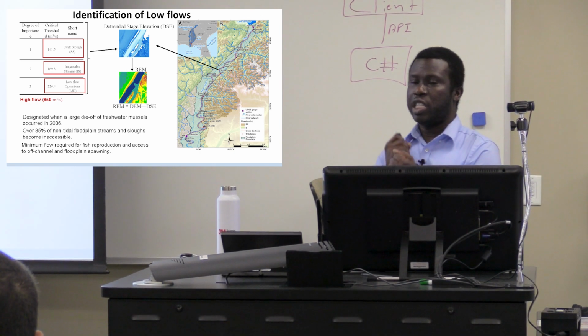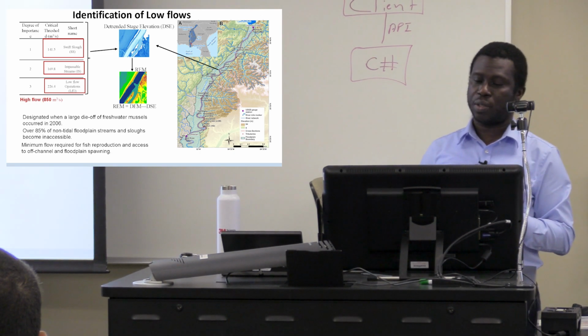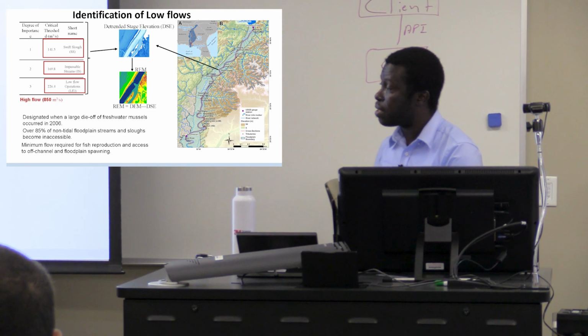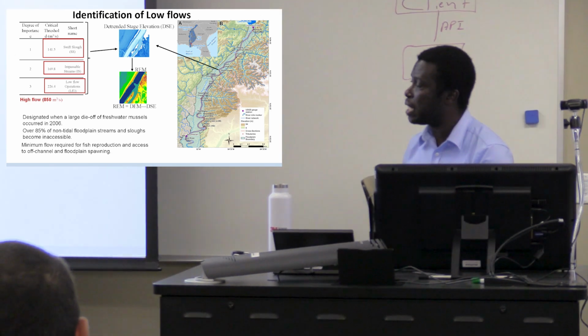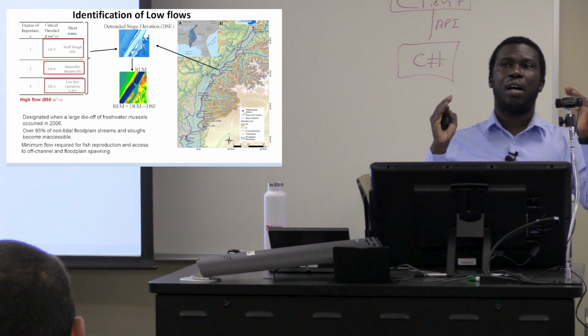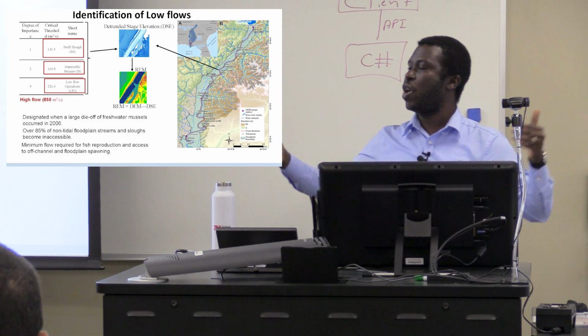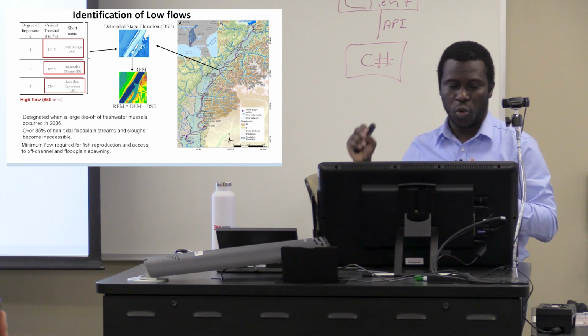So how did we identify low flow conditions or low flow thresholds? The USGS, through Light et al. 2013, performed intensive research within the Apalachicola River. They were able to bring out different low flow thresholds.